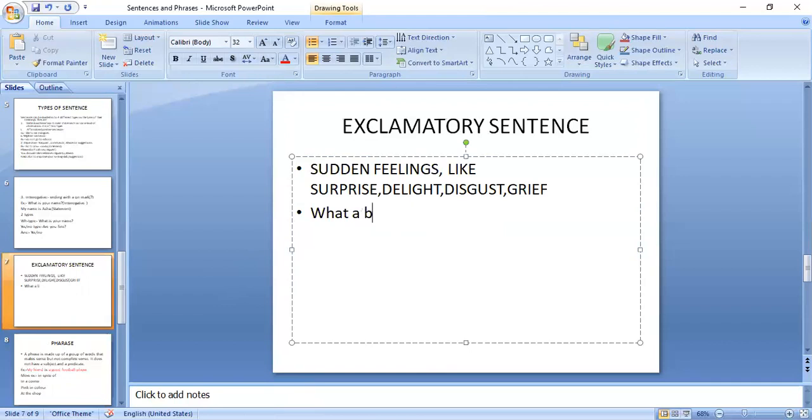After that comes the exclamatory mark. This mark is called the exclamatory mark.